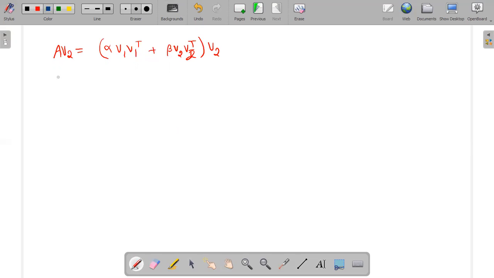Now this will be A b2 equals alpha b1 b1 transpose into b2 plus beta b2 b2 transpose b2. Now put the values from the given conditions in the question. What are the conditions given?